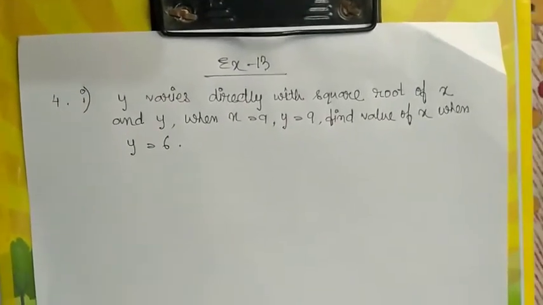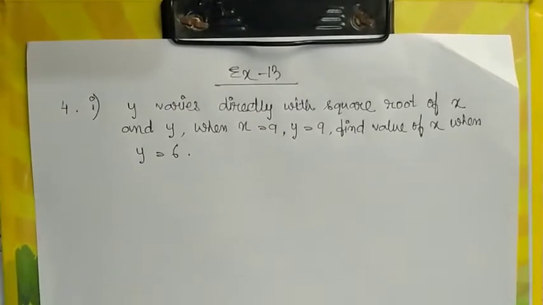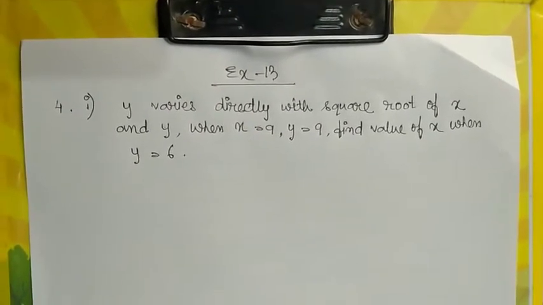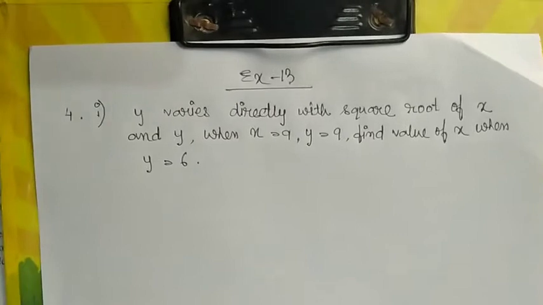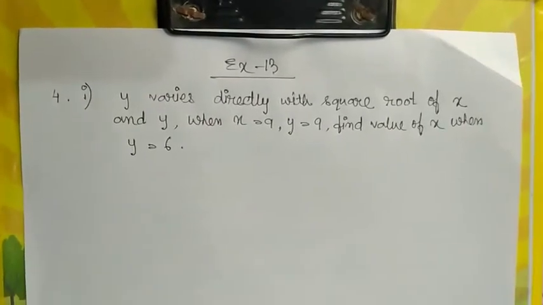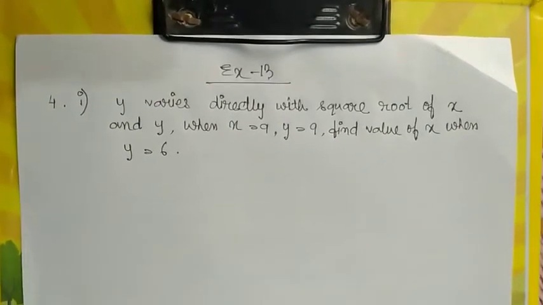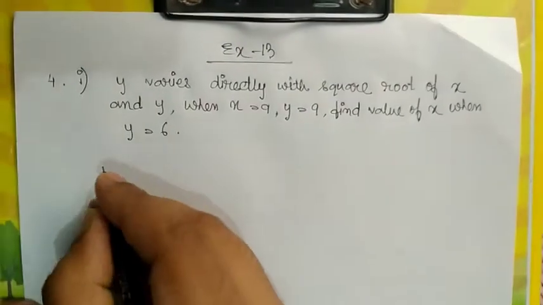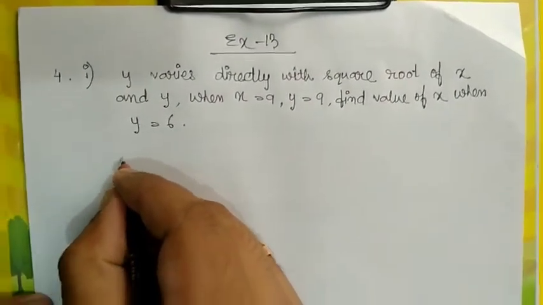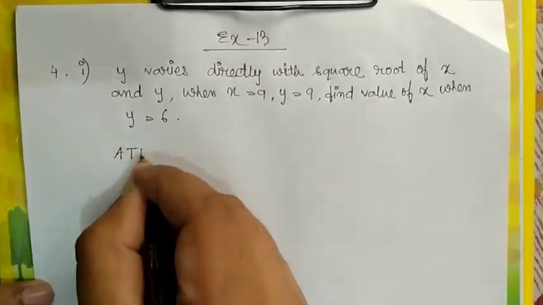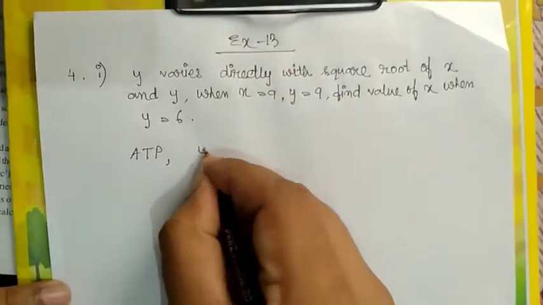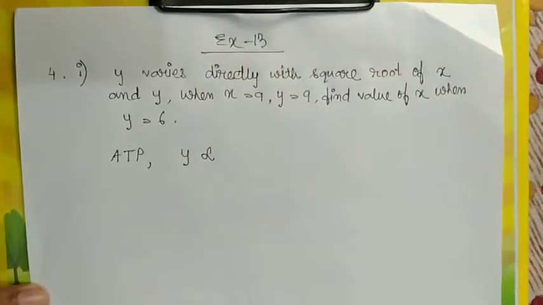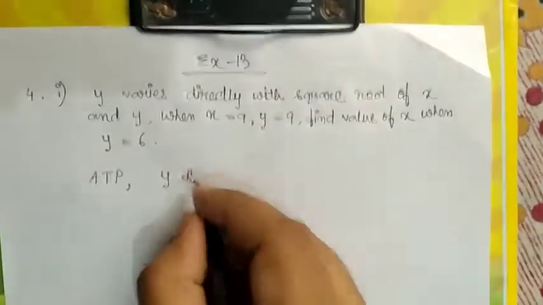Okay, now the question is: y varies directly with square root of x, and y equal to 9 when x equal to 9. Let us find the value of x when y equal to 6. Now according to the problem, y is direct variation with the square root of x.